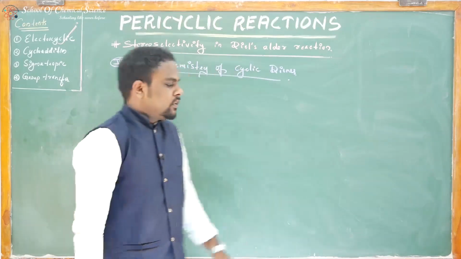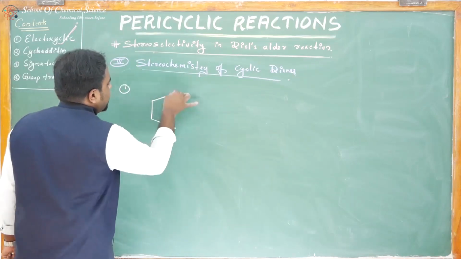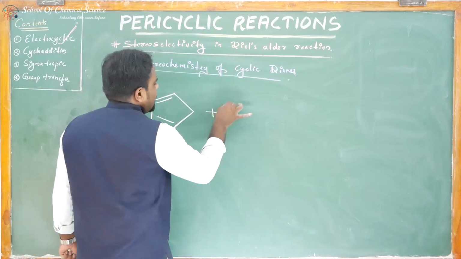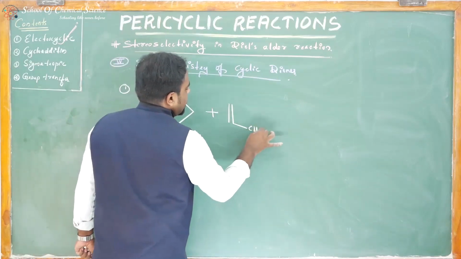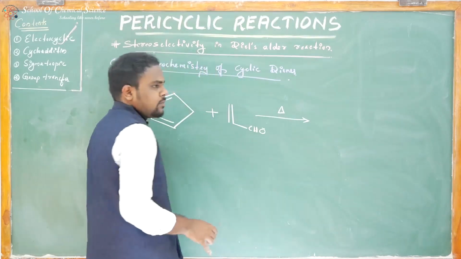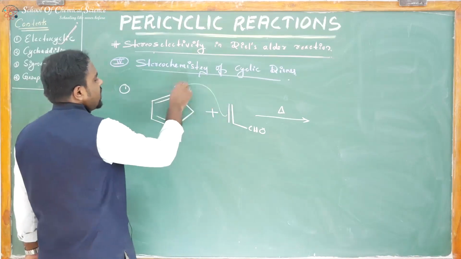That is the next question. So consider an example. A cyclic diene is there, on reaction with a dienophile CHO under thermal condition. What will be the product? A simple 4+2 cycloaddition reaction.